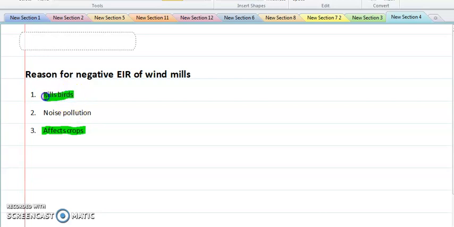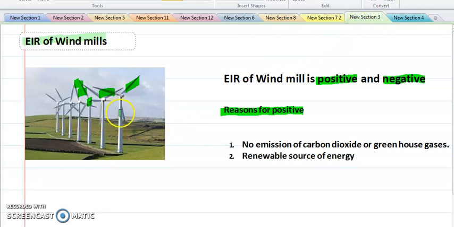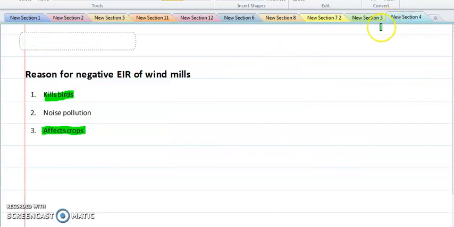Secondly, you can see the blades of the windmill kill a lot of birds flying in that area. So the bird movement reduces in that area, and the complete habitat gets disturbed because of them. So on that basis, we can say as the windmills kill a lot of birds, their EIR is negative.